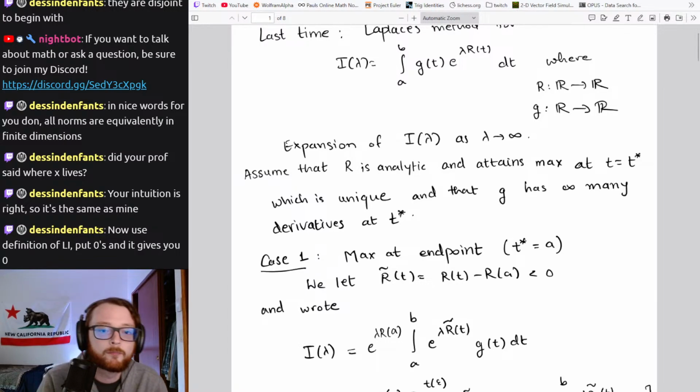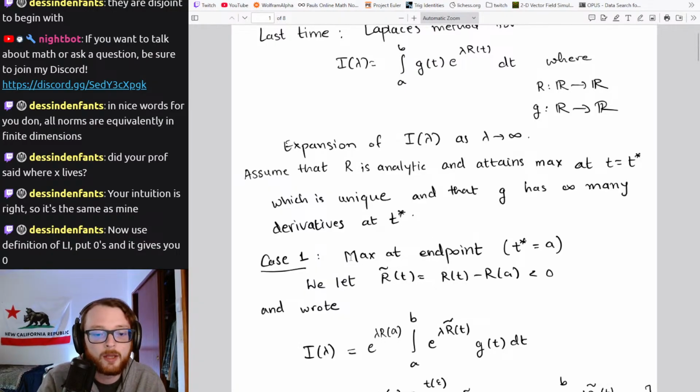Okay, so my A is 0, my B is infinity, and my R of T is negative sinh. The maximum value of negative sinh on this interval is 0 because it's going off to negative infinity.